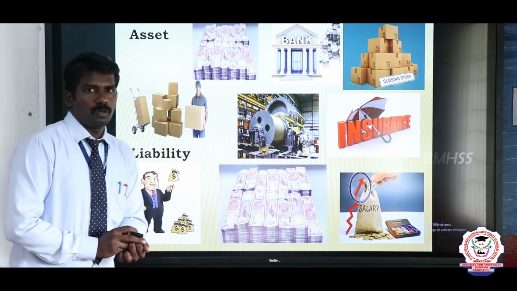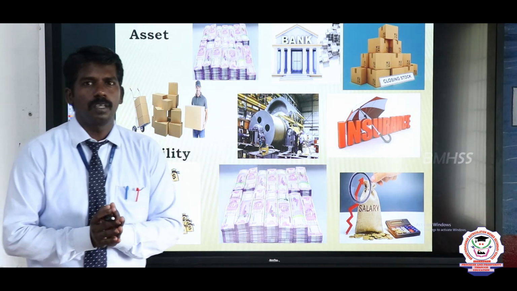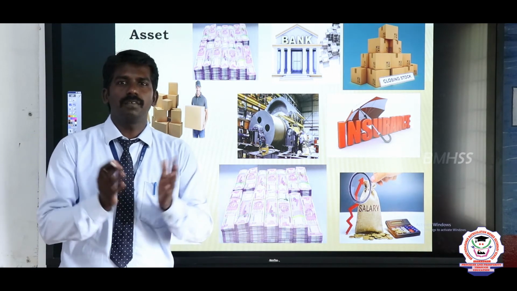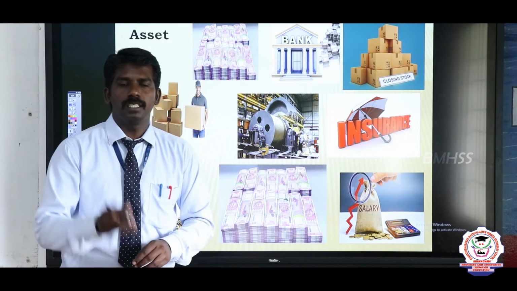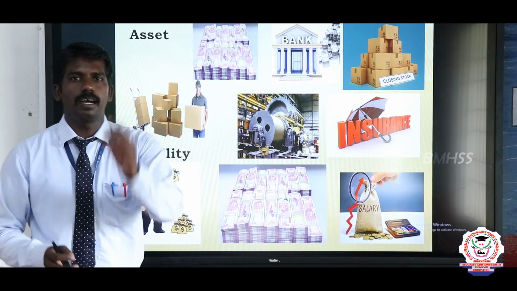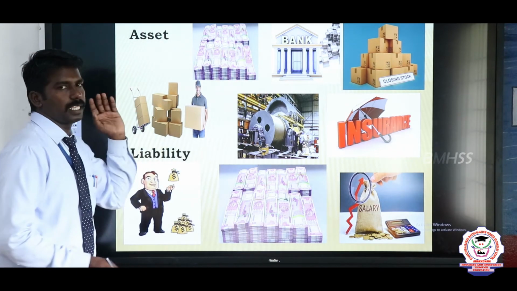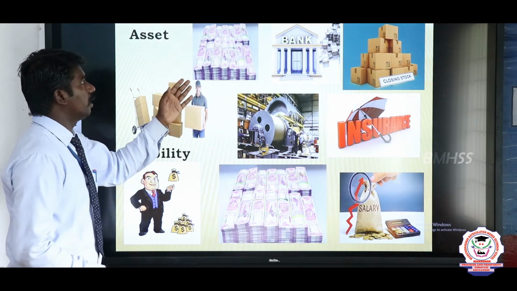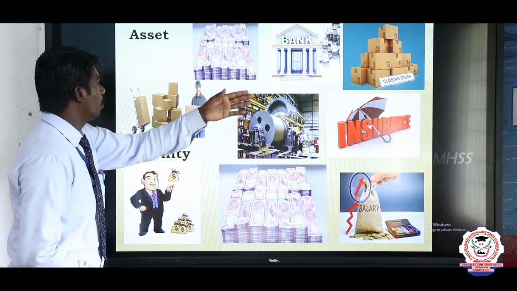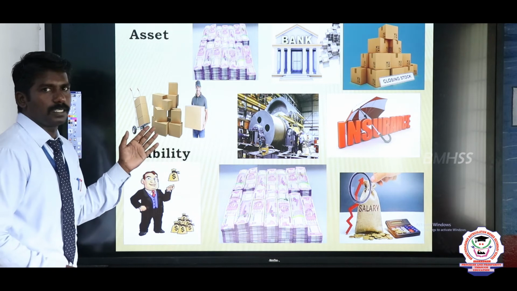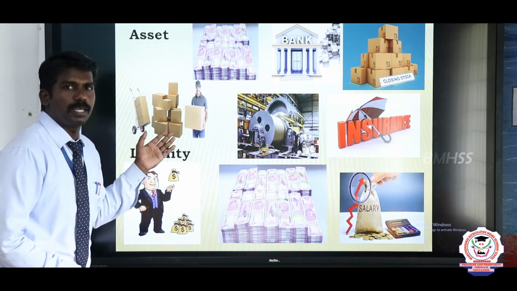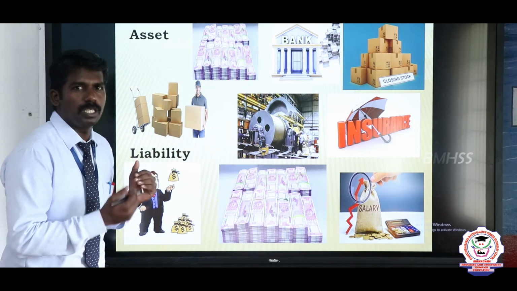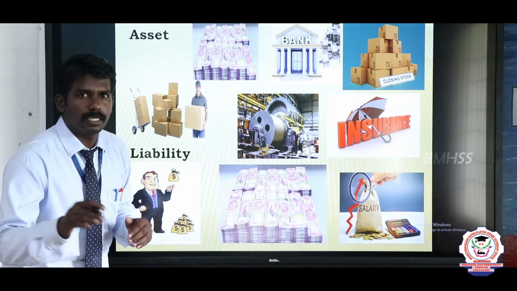See the next one. Asset. What is meant by asset, sir? In a business organization, whatever can be converted into cash within a short period is called asset. For example, cash in hand, cash at bank, closing stock, and debtors. Who is a debtor? A debtor is a person who received the goods from the company on the basis of credit.